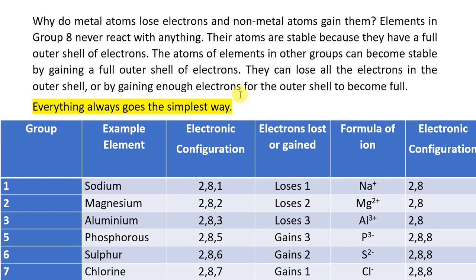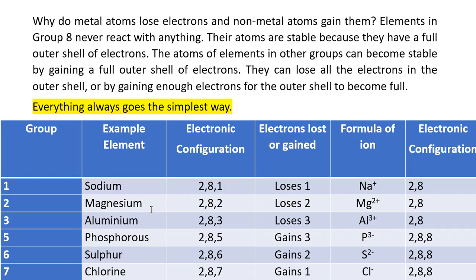And everything always goes the simplest way, which is well worth remembering. Take sodium, for example, group 1 in my table. Electronic configuration to begin with 2,8,1. Losing 1 to get electronic configuration 2,8 is a lot simpler than gaining 7. Sodium atoms always lose 1 electron when sodium reacts.